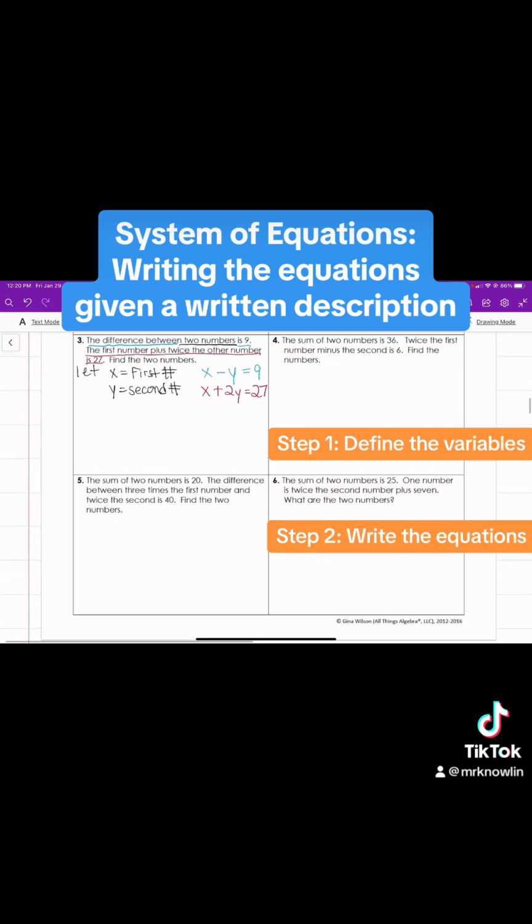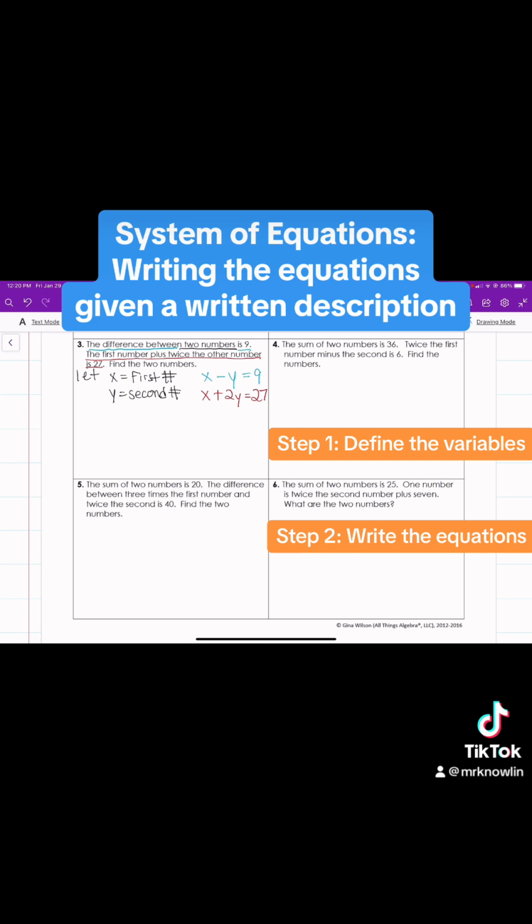Let's take a look at number 5. Step 1, identify or define your variables. We have two numbers. Let x equal the first number. Let y equal the second number. So equation number 1, it says the sum of two numbers is 20.